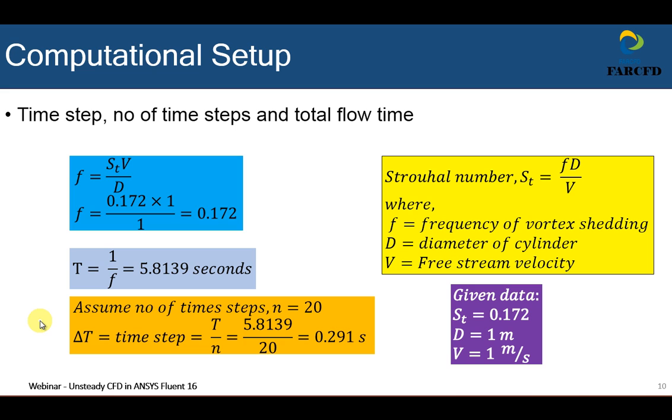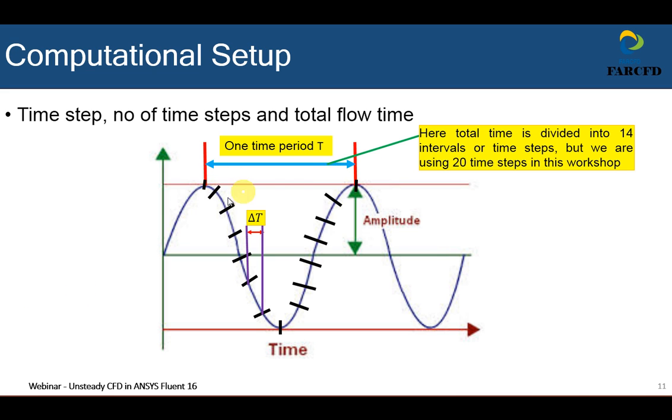Here the concept of cycle, time period and time step is shown schematically. It is not necessary that the flow we are solving shows exactly the same pattern for vortex shedding, but it is just to give you an idea about the relationship between frequency and time period, and more importantly what time step implies. Here we have divided one cycle into 14 equal parts.